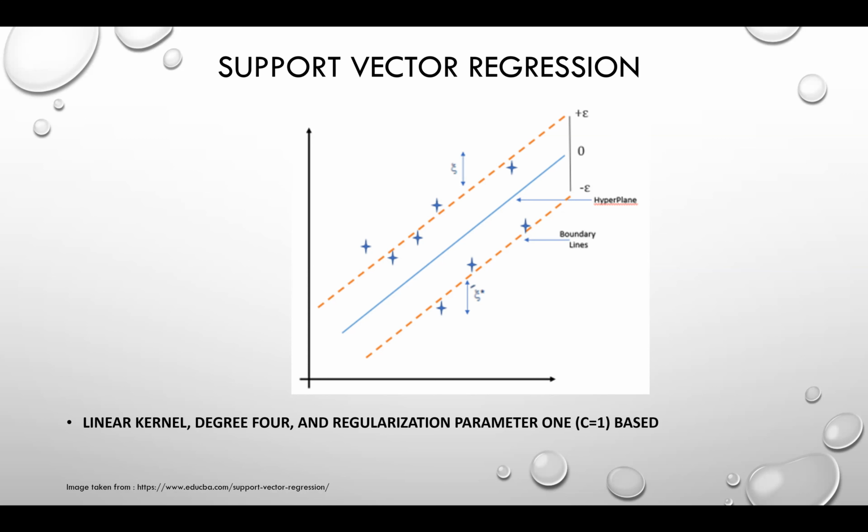It suits smaller data sets and handles non-linearly separable data with kernel functions. We used the scikit-learn support vector regressor with a linear kernel, degree 4, and a regularization parameter of 1. We used those specific parameters based on other promising previous research.